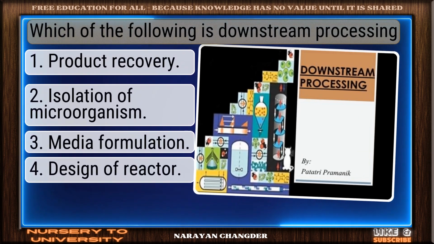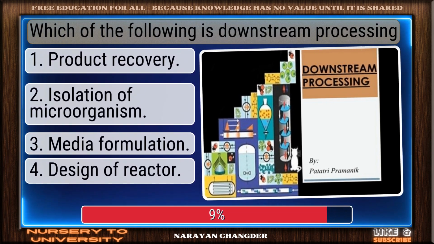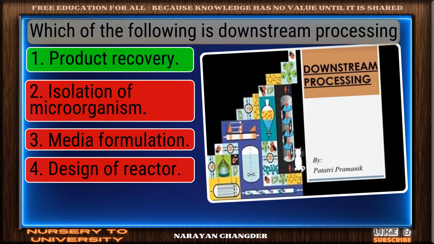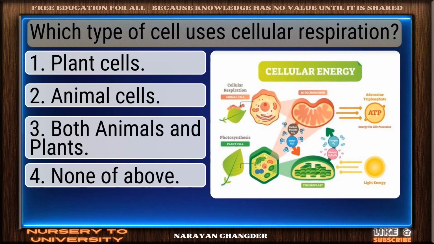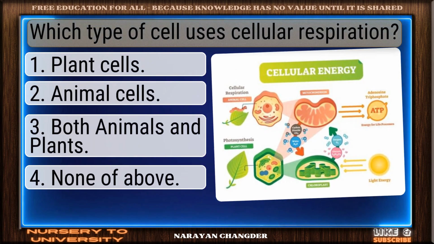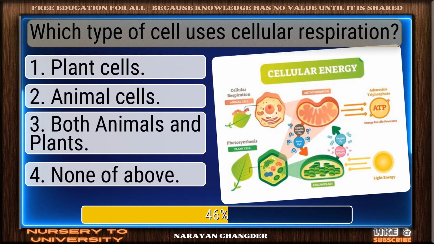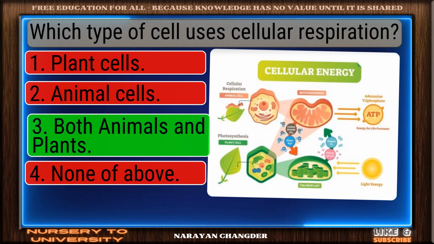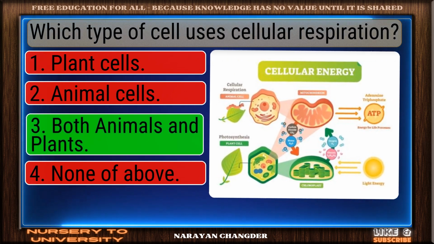Which of the following is downstream processing? Great job. Product recovery is the accurate answer. Which type of cell uses cellular respiration? Excellent choice. Both animals and plants is the right answer.